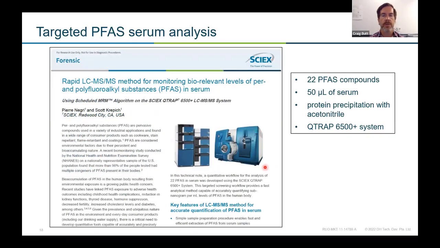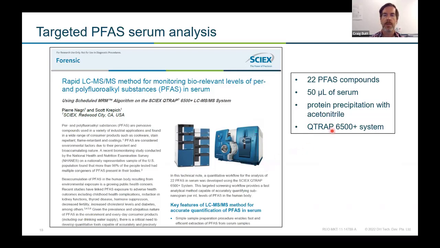Okay, so I'm just going to run through some methods here from a technical note from Pierre and Scott at SCIEX. Really good work here to look at PFAS using, in this case, the 6500 plus QTRAP. In this case, 22 PFAS compounds were measured during the analysis.